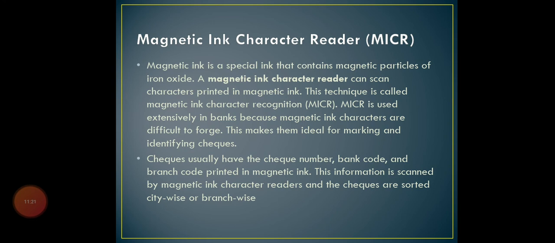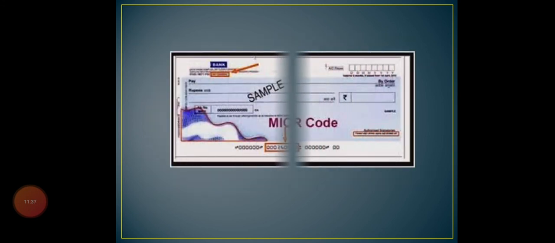Checks usually have the check number, bank code, and branch code printed in magnetic ink. This information is scanned by magnetic ink character readers and the checks are stored city-wise or branch-wise. I show you the picture of it. At the bottom of the check, there is something written with MICR code.